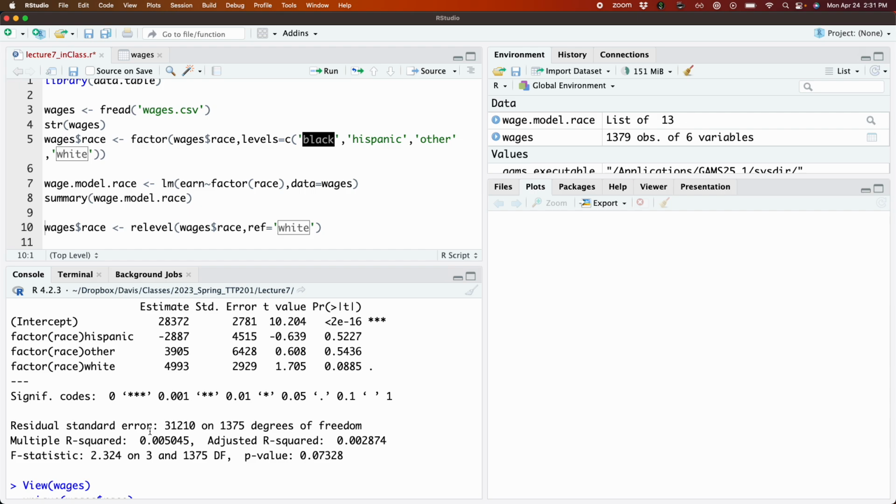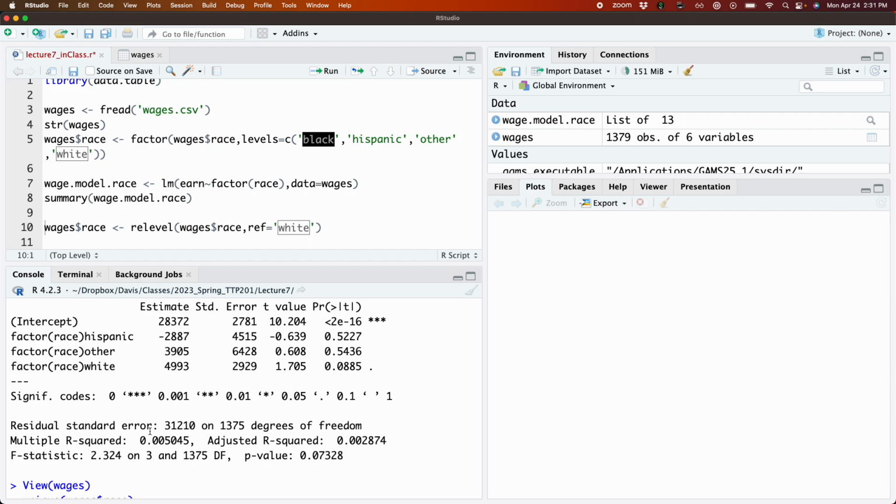And so if I wanted to calculate how much a Hispanic person would make in this data set on average for annual earnings compared to a black person, it would be 28,372 minus 2,887.